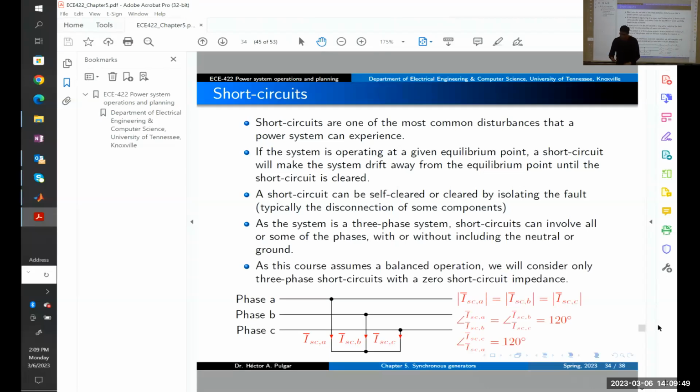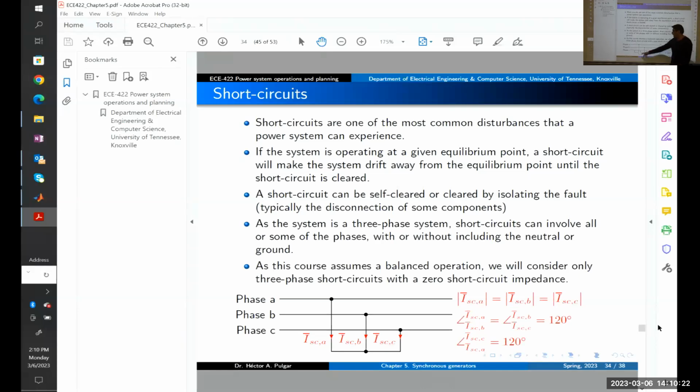The fault also can involve not just the 3 phases. It can involve 1 phase, or 2 phases, or 1 phase and neutral, or ground, or any other combination. Because this course is based on balanced operation, we're going to assume, for the application of the dynamic analysis, that we just have a three-phase short circuit.